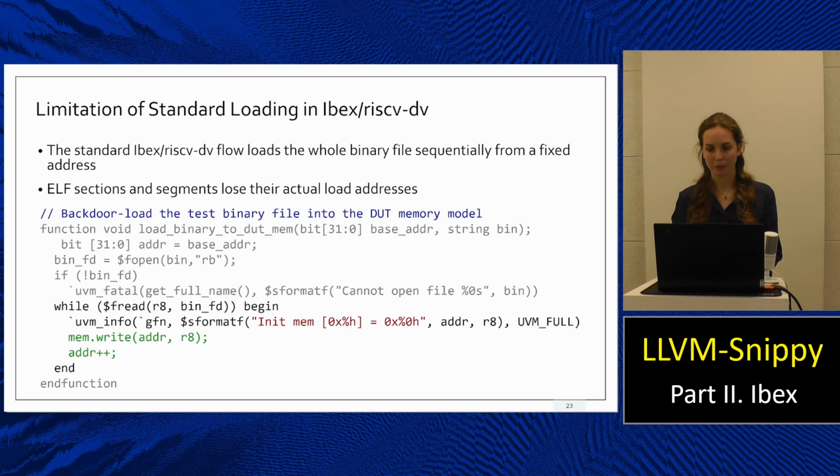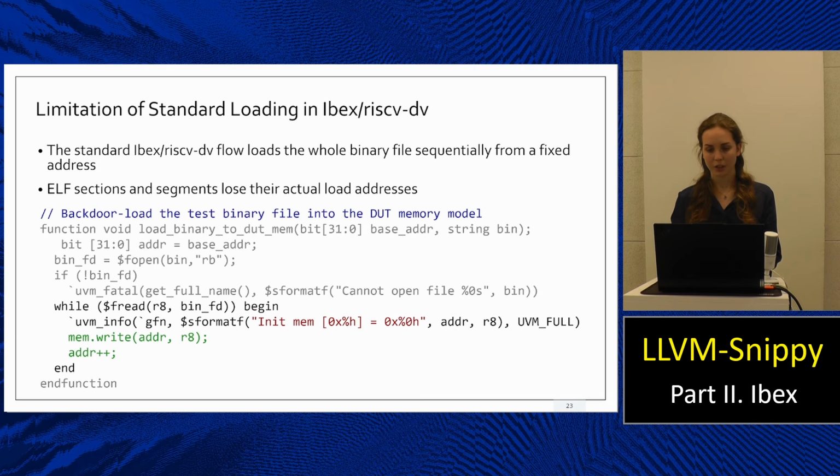This was problematic for the x0 load store scenario because it related to a low memory region before the start section. For LLVM-snippy scenarios, we have a full ELF layout, different sections, load addresses, and separate regions for code, data, and stack.